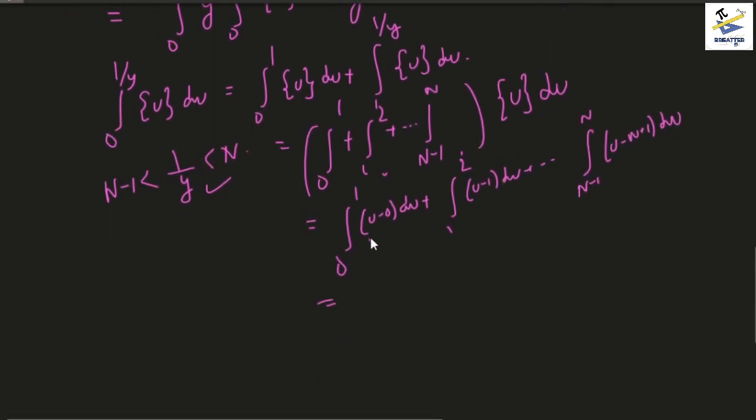Now obviously the first expression would be 1 by 2. The next expression would be u minus 1 whole square by 2, which is 2 minus 1 whole square by 2 minus 0, which is another 1 by 2. Again we would have 2 to 3 u minus 2, which would be u minus 2 whole square by 2, and again it should be half, and all the way there would be n halves.